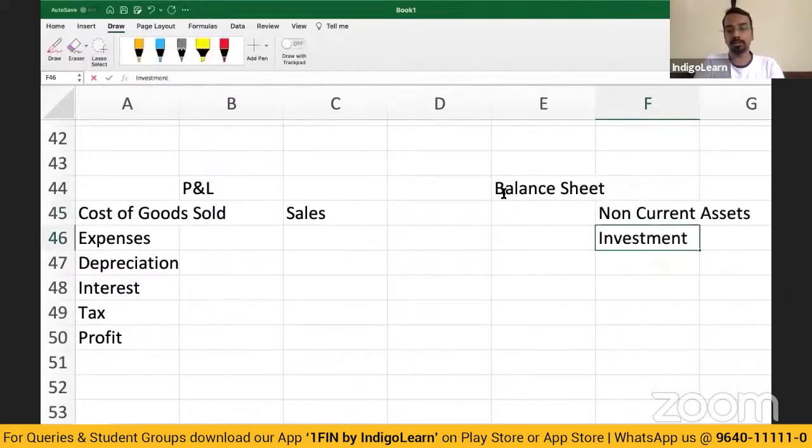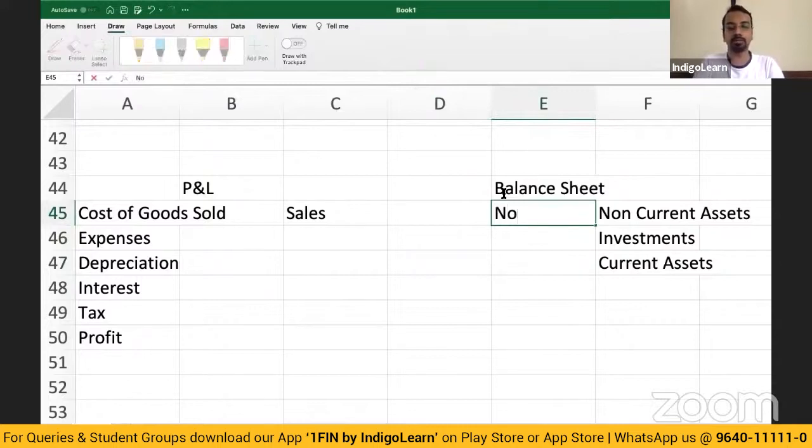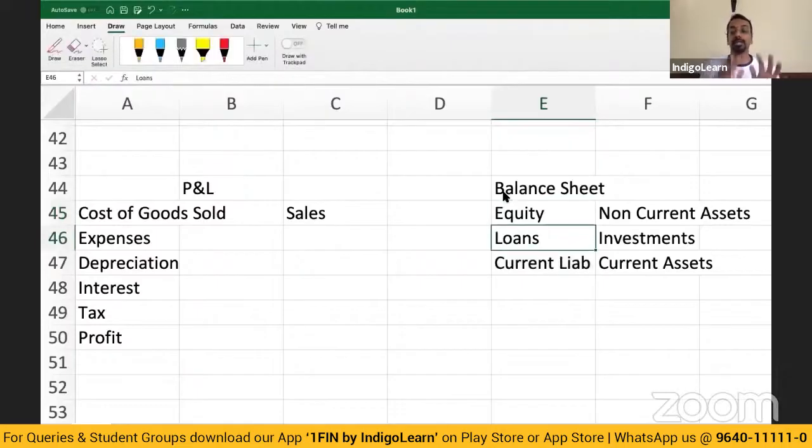Then you have investments, current assets. Then on the liability side, you have outside liabilities, or you can say non-current liabilities, loans and borrowings that you have, current liabilities, and you have equity. So let me add equity on the top. Okay, this is the structure of your P&L and balance sheet.